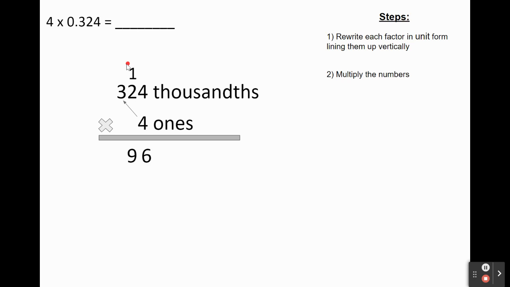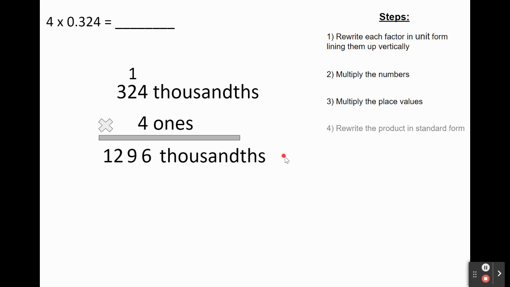Lastly, we'll multiply 4 times 3, which is 12. So here we have 1,296, and now let's multiply the place values. Thousandths times ones is thousandths. So our answer is going to be 1,296 thousandths. But let's rewrite this in standard form, which is how we normally see a number.